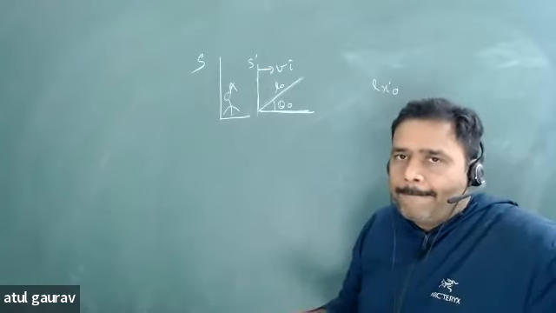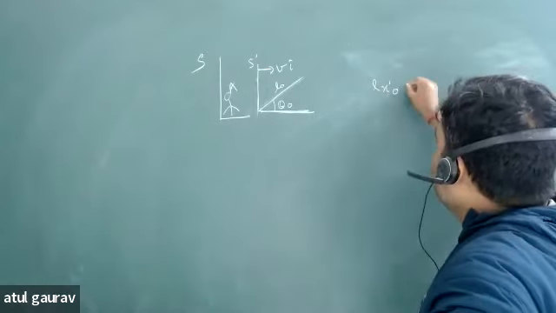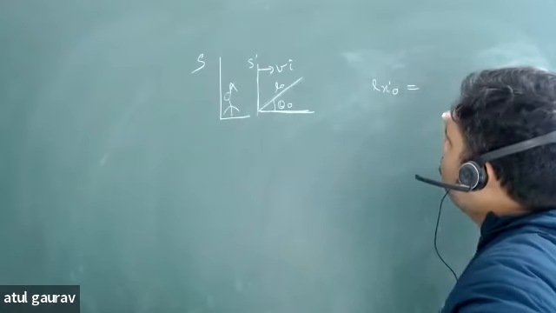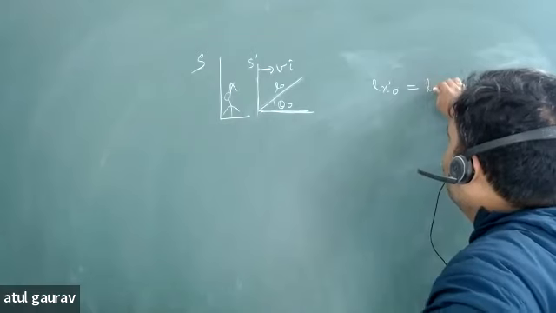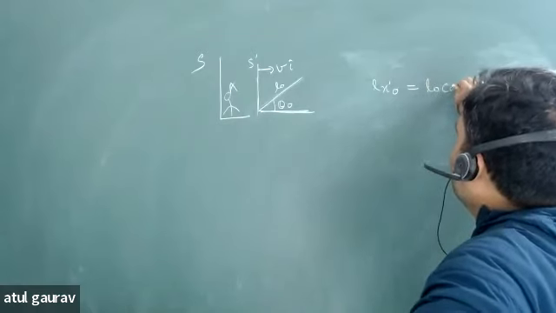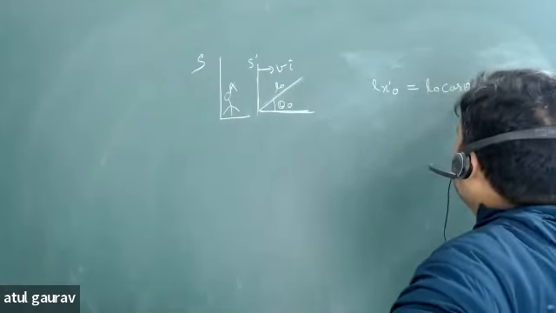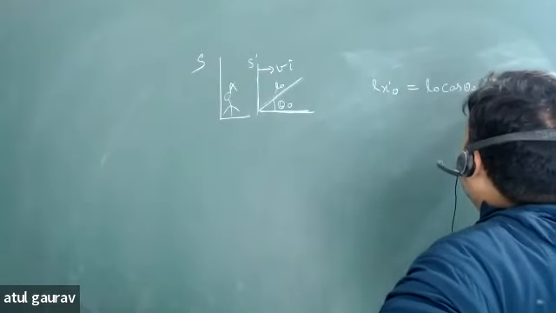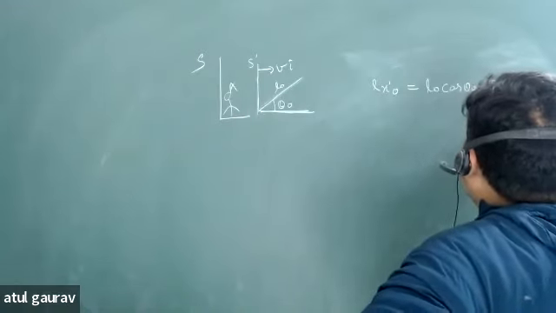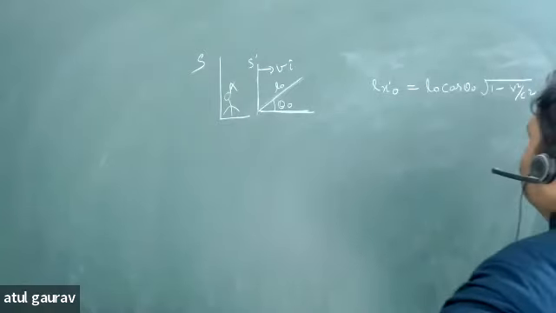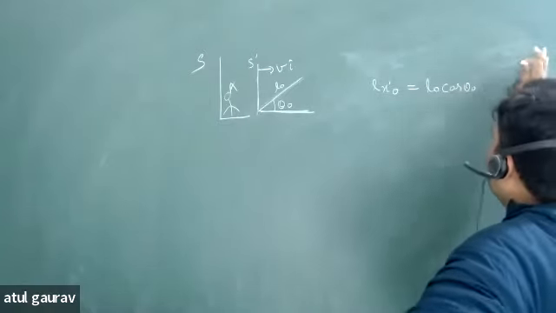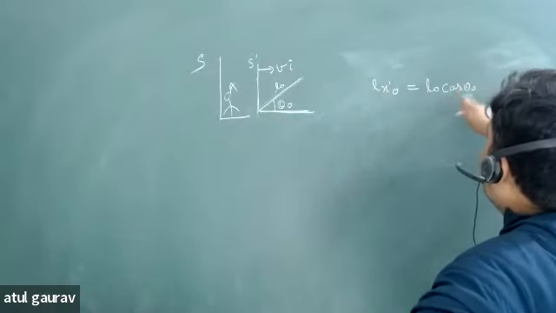Okay? Lx dash naught. What is this value? Tell me, what will it be? L naught cos theta naught. Sorry, this will be Lx dash naught is L naught cos theta naught.